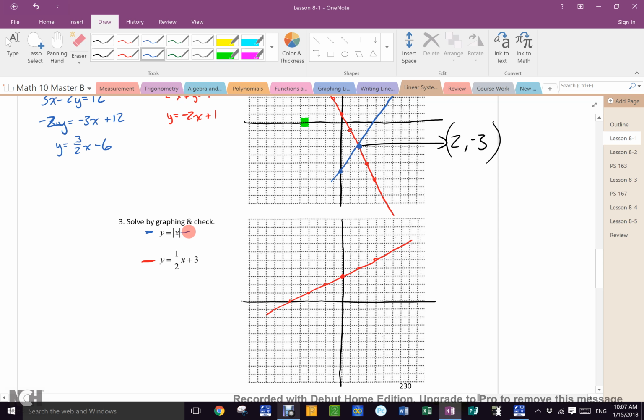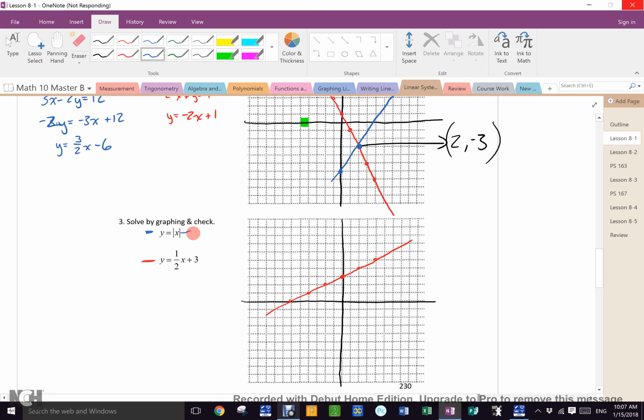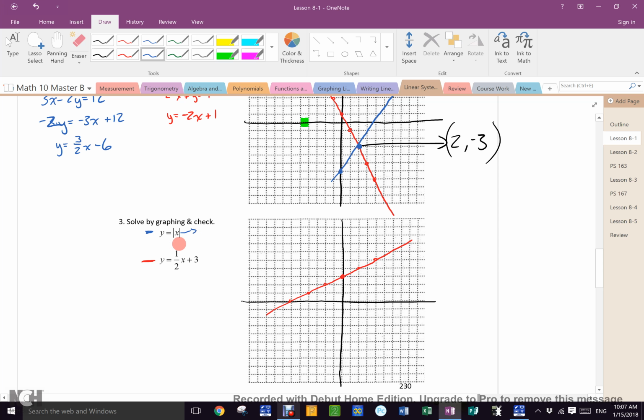And what that means is that it is the magnitude from 0.